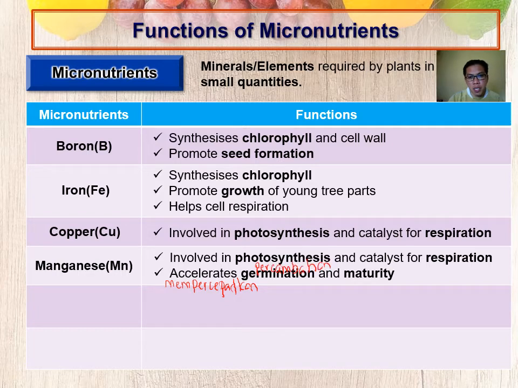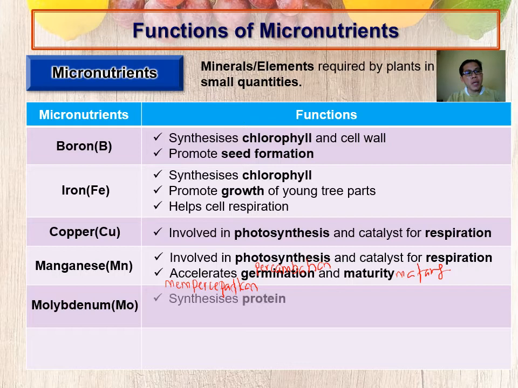And maturity, dan matang. Germination means from seed jadi pucuk. Germination ni daripada biji benih, dia tumbuh pucuk. Itu germination. Maturity ni maksud dia sudah matang, dia sudah keluarkan buah. Itu maturity.